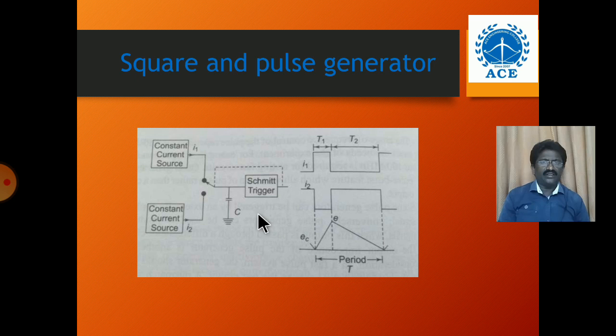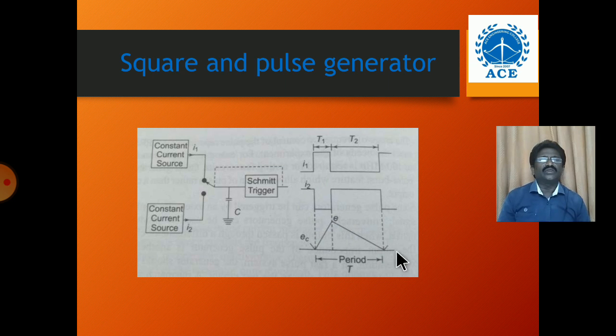As the ramp capacitor charges, the ramp voltage increases linearly. You can observe the currents I1 and I2, and finally we will get our required ramp.